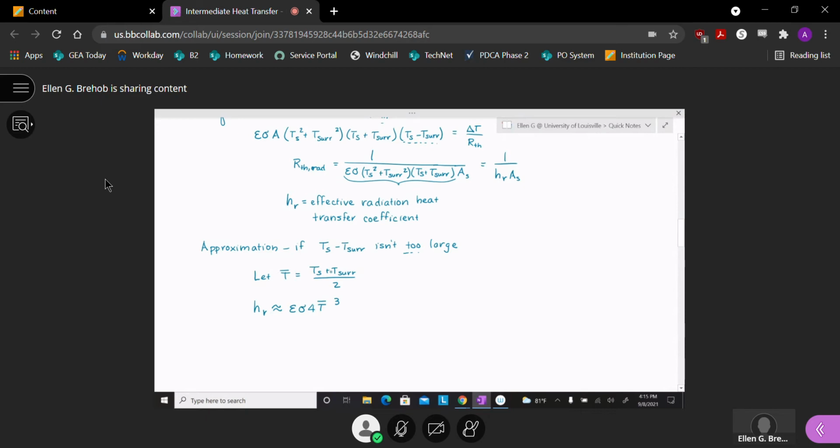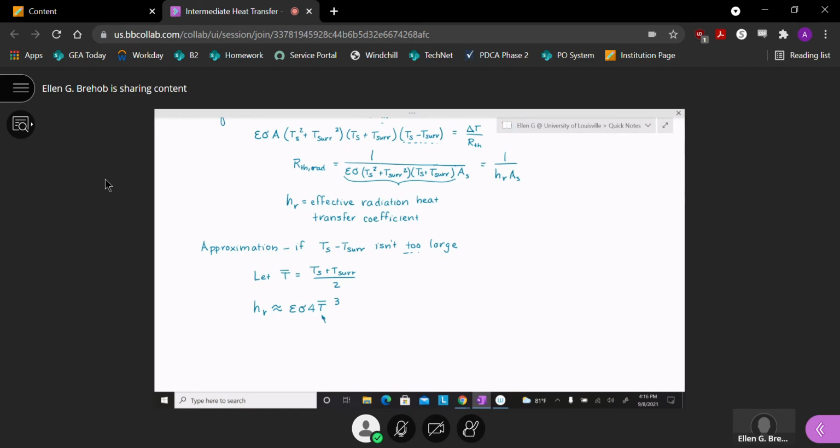Okay, so then you're thinking, well, if I knew surface and surroundings to take the average, what benefit is this simplification? Let's say you don't know one of them. You don't know the surface, but you know the surroundings, and you have this idea that they're close together. Well, the approximation you're going to use is just use T surroundings in that equation to at least get close, to give you an approximation for this radiation heat transfer coefficient.